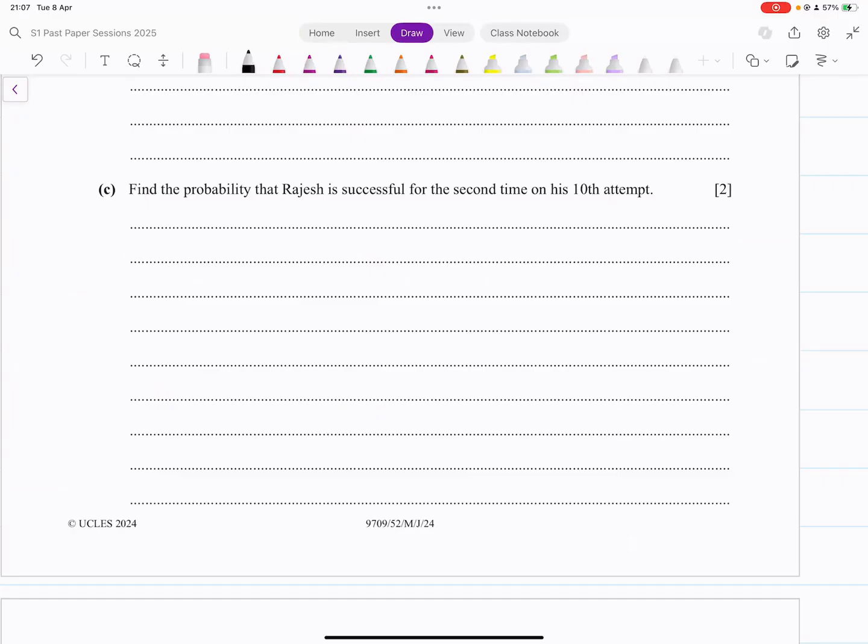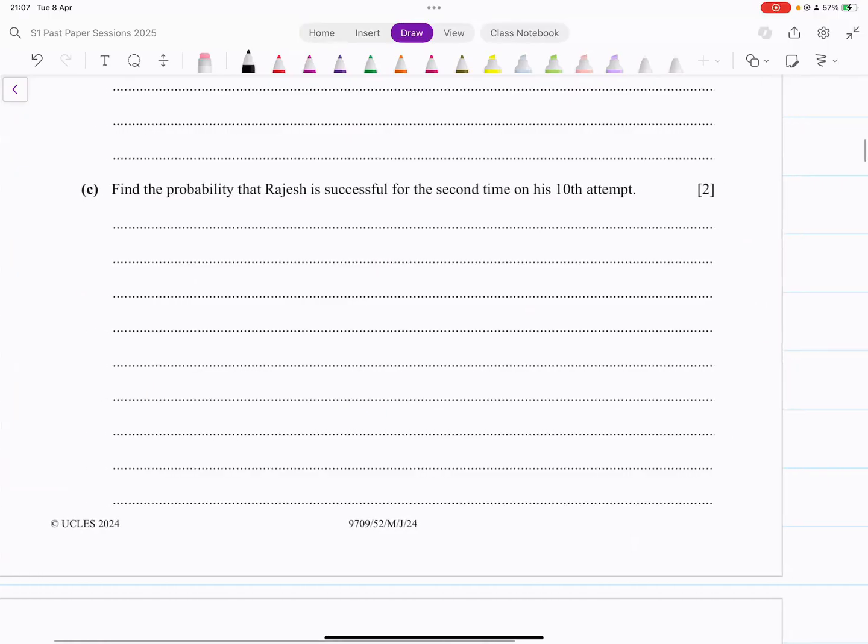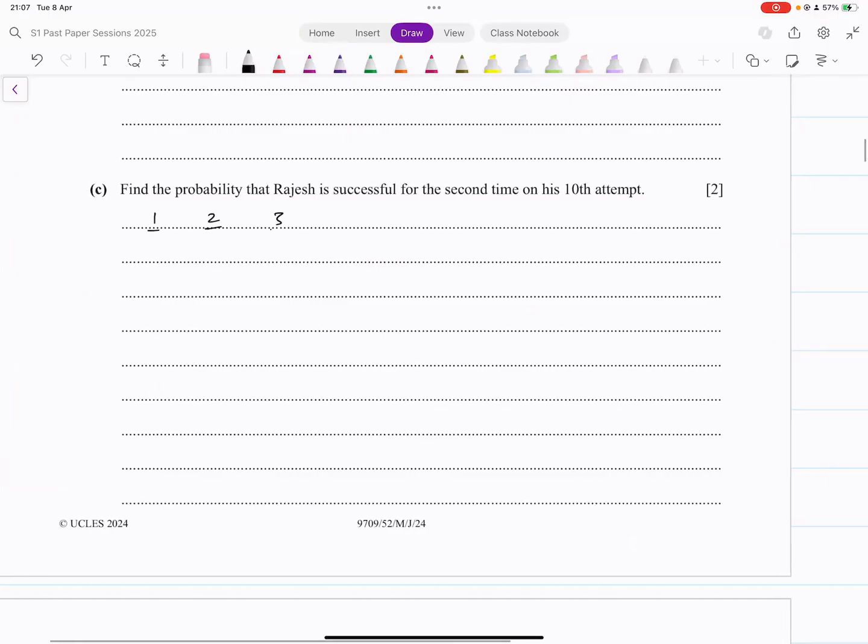Let's think of it this way. You have first attempt, second attempt, third attempt, fourth attempt, fifth attempt, 6, 7, 8, 9, and then 10. 10th attempt is supposed to be a success. Okay?